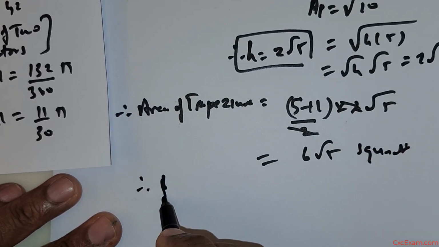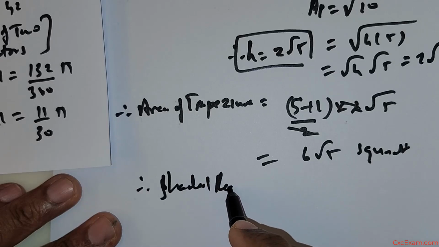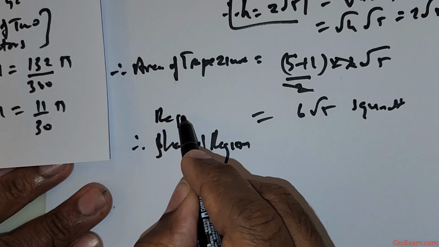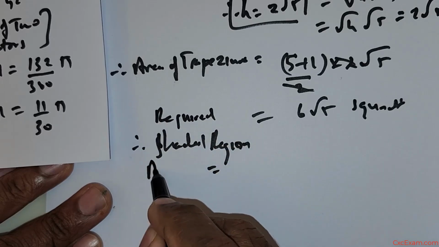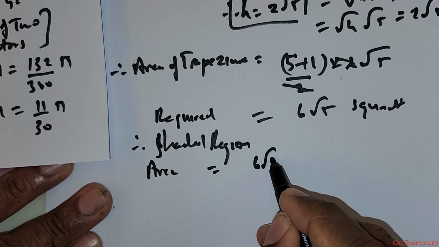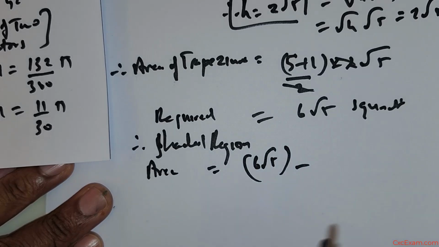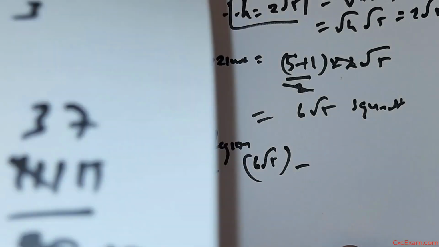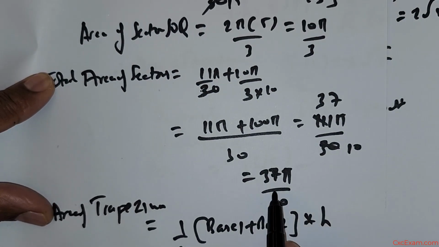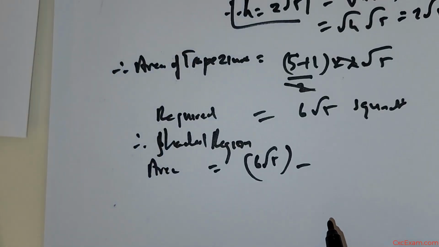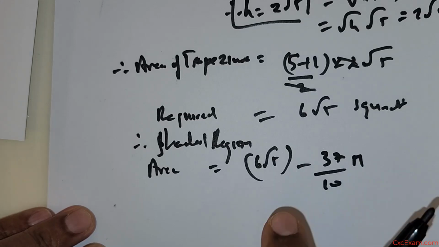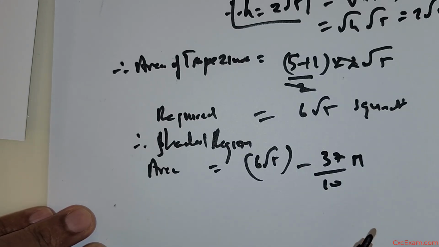So therefore, the required shaded region area is equal to, from this you take away the total sector area, 37 over 10 times pi. So you will have to take away this.